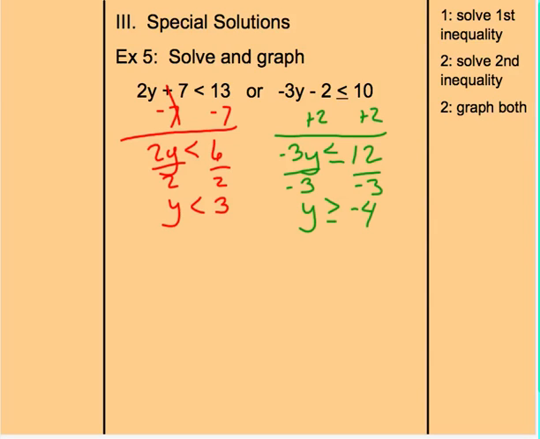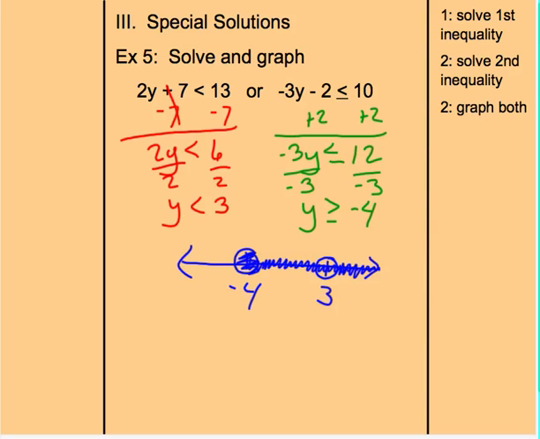And then when I go to graph these on my number line, making sure that 3 and negative 4 are in the right order. Y is greater than 3, so I'm shading to the right. And y is greater than or equal to negative 4. So I'm going to close my circle. And when I'm shading greater than, I'm actually going to end up filling in my other circle.